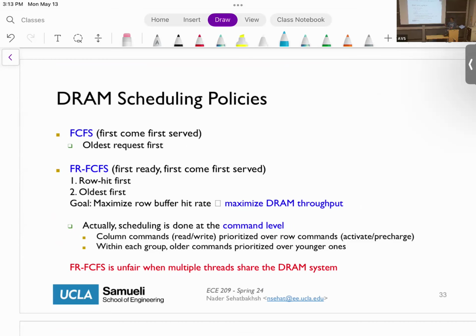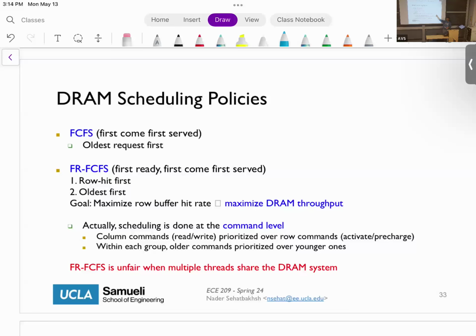You can do first ready, first come first serve, where you say okay, let me try row buffer hit first, and if there is no row buffer hit, then I'll do the oldest next. Then there are a whole bunch of other versions of this, FR-FCFS, where for example you have a deadline that you time out, you have watchdog timers, you combine this with some round robin and all those things.